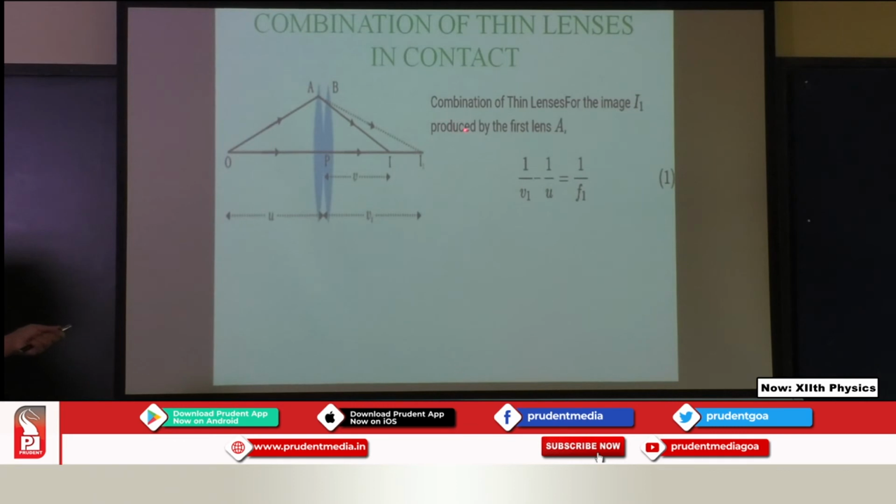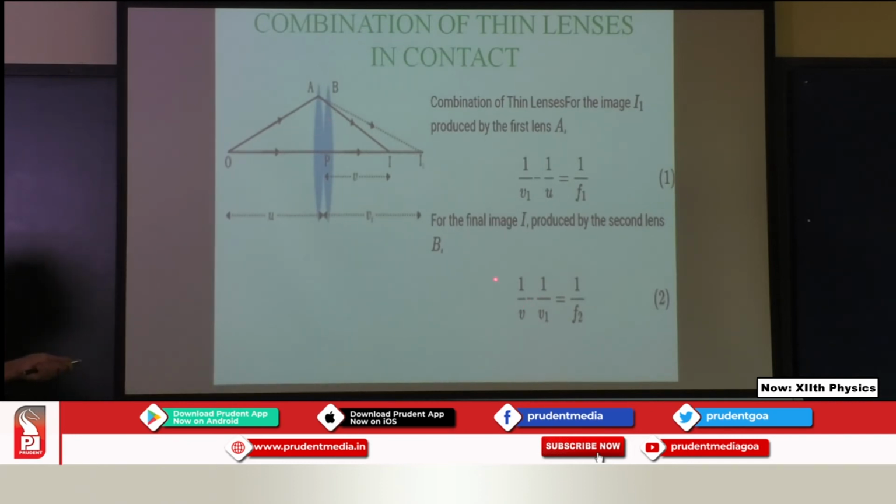So, let us go for lens A. We apply the thin lens formula for the first one. We know that 1 upon V1, that is the image, minus 1 upon U equals 1 by F1. F1 is the focal length of the first lens. Same thing, apply the thin lens formula for the second lens.